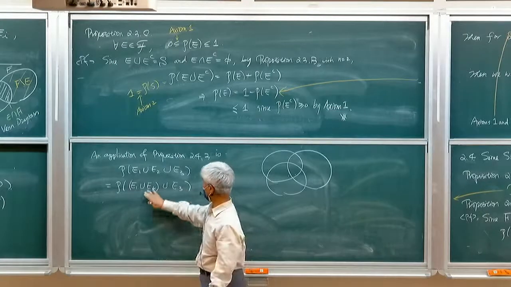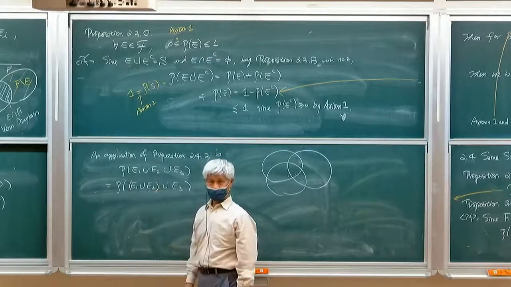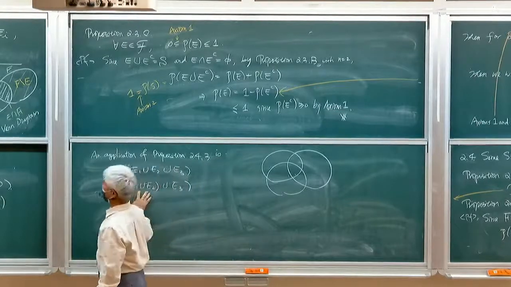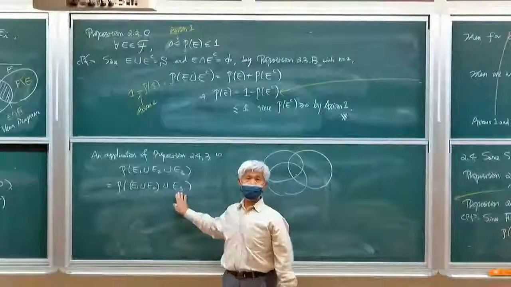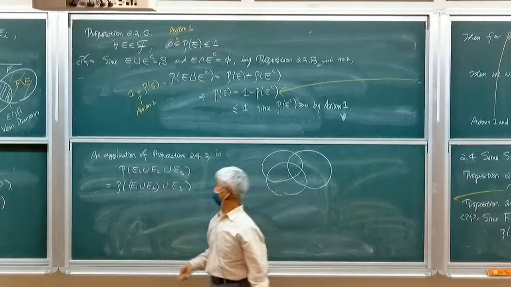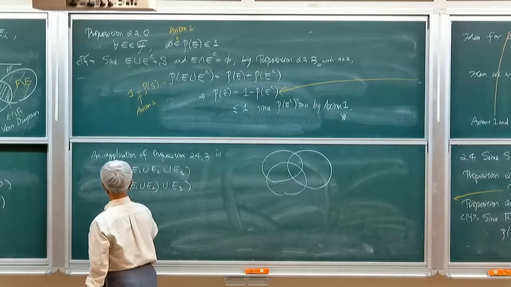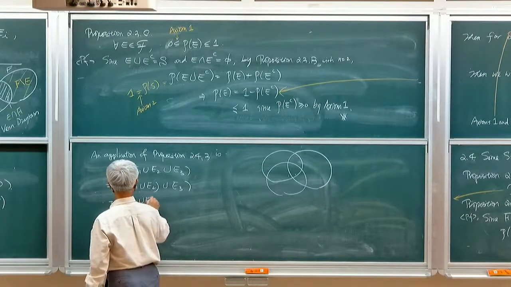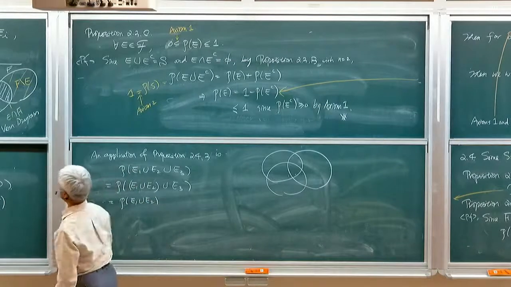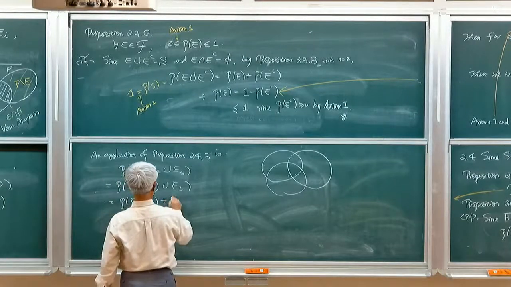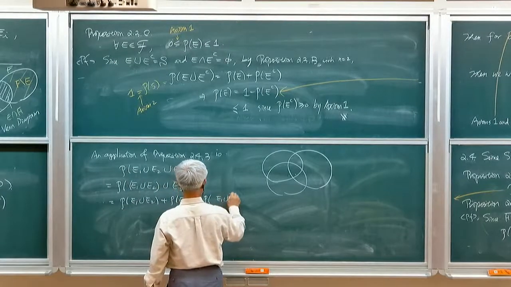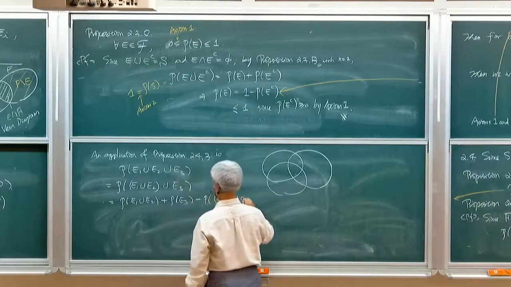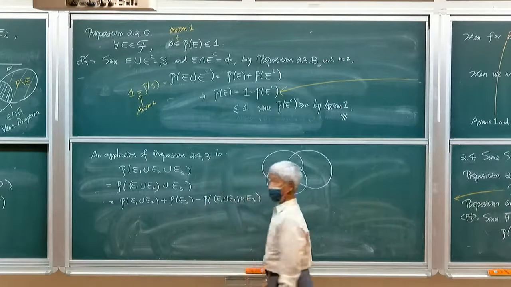Okay, so now we have 2 events. Okay, so this one is E, and E3 is F. Okay, all right. So when we apply the proposition 2.4.3, so we have this here.